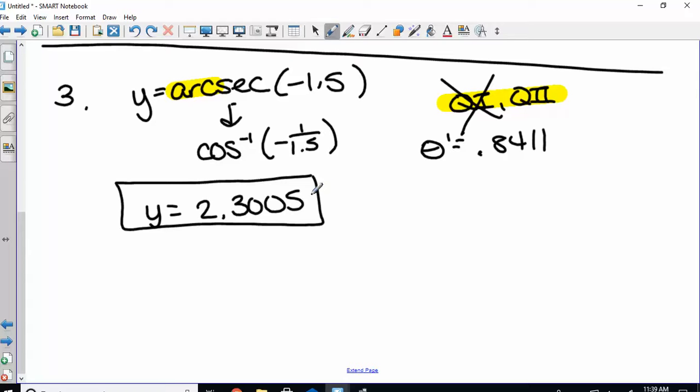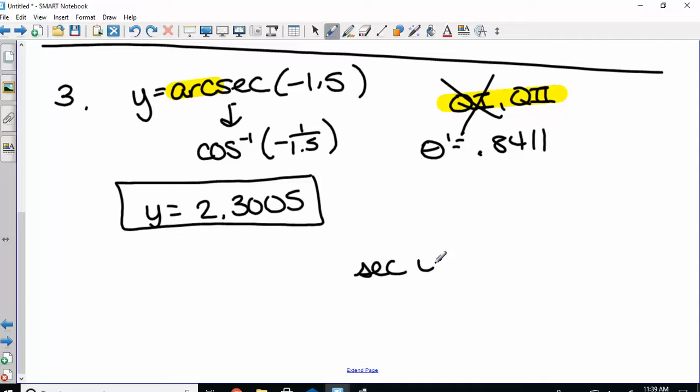So if the original problem has an inverse, you get one answer. You need to go back and make sure you know the quadrants for each. Now, if this problem started out as just secant of -1.5, would you find when secant is negative and then get the two answers?